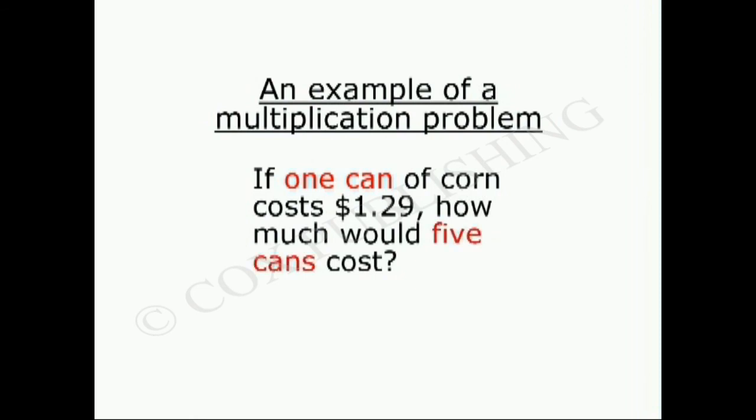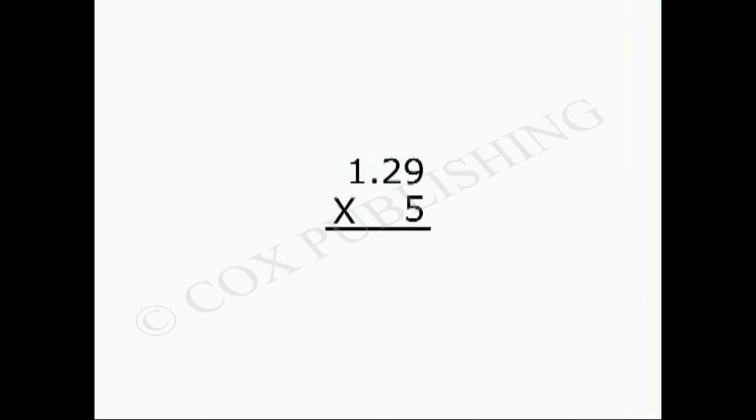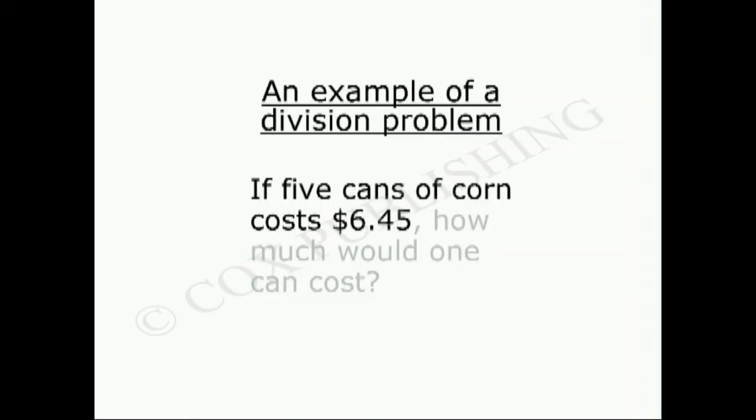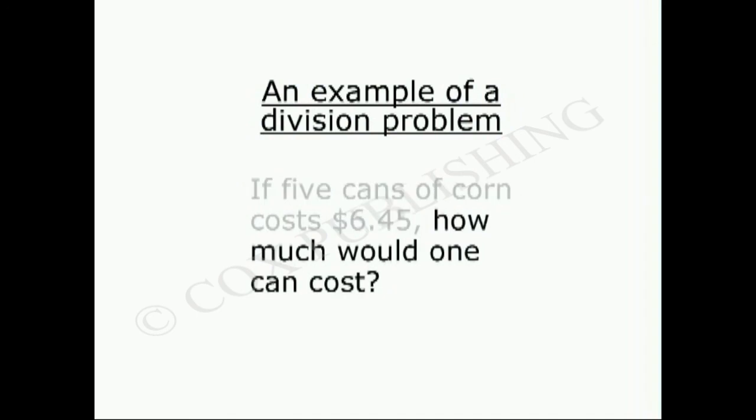You multiply by the number that changed from 1 to many. Here the number changed from 1 to 5, so you multiply by 5 to get the answer. 5 cans cost $6.45. Now look at this problem. If 5 cans of corn cost $6.45, how much would 1 can cost? You'll notice in this problem that they gave you information about 5 cans of corn, or many, and asked you a question about 1.